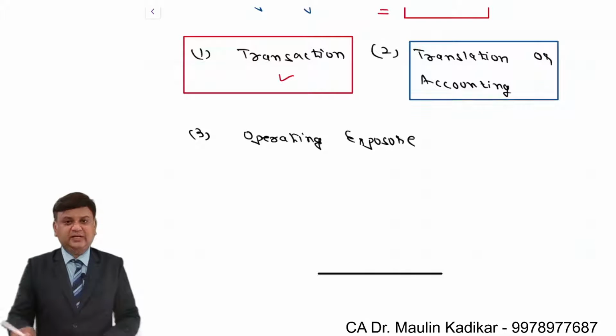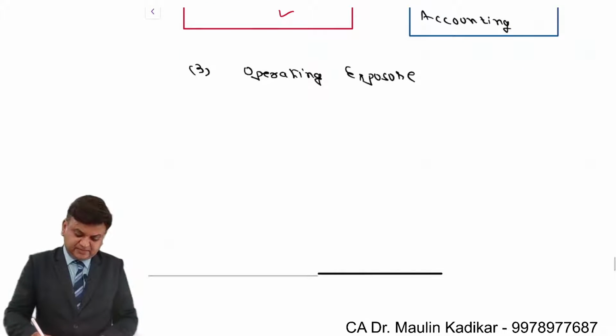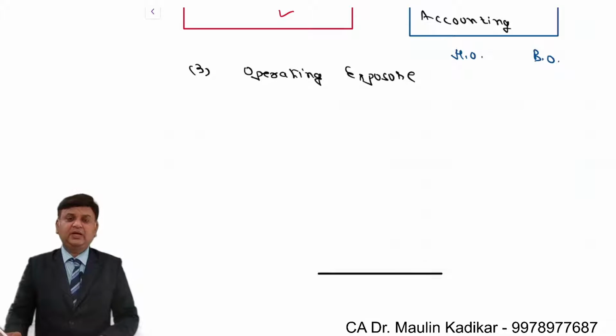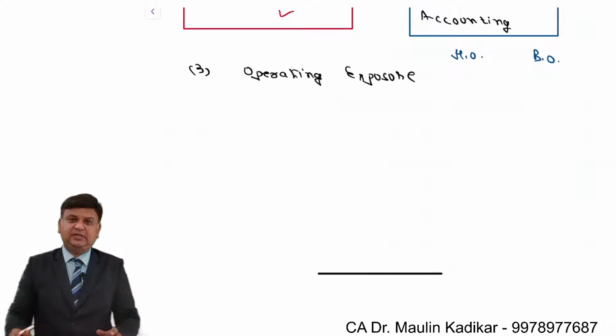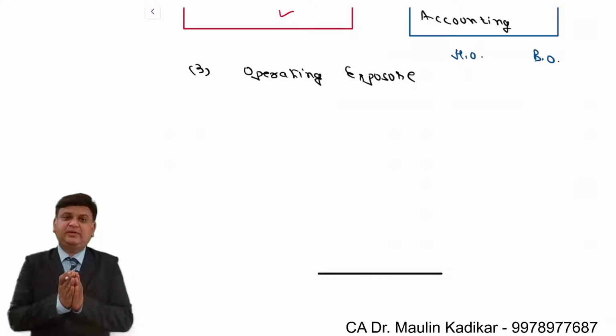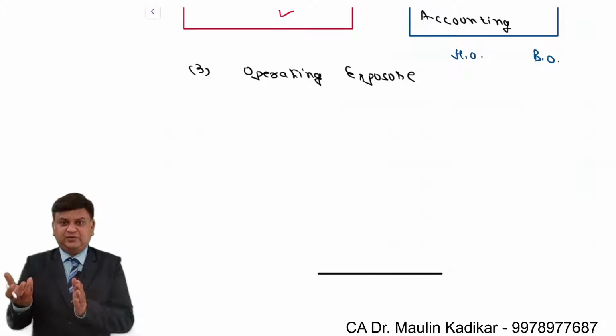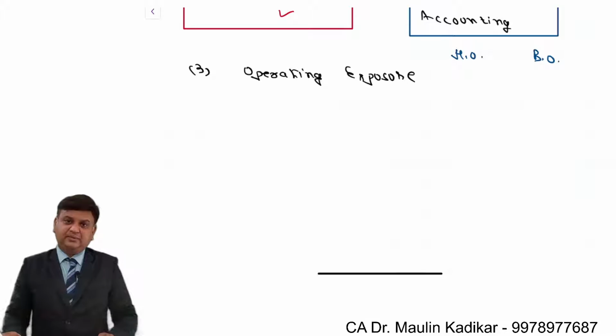With the name only you can understand that whenever there is a transaction like this, head office and branch office. If there is a company in United States of America, and that company has a branch in UK, a branch in Germany, like that it has branches at different places. When the consolidated financial statement is prepared, the branch office records or subsidiary records are incorporated in the holding company.